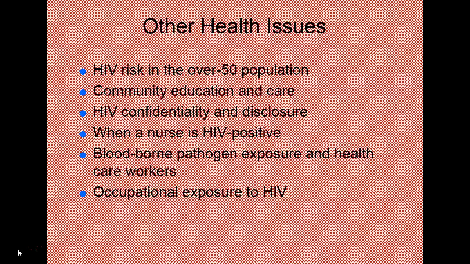With the advent of drugs such as Viagra, that type of thing, we're finding that older people are more sexually active than they had been before, so that again puts them at risk for HIV. Let's see here, community education and care: are the people that are at most risk for HIV getting the education that they need? May not necessarily be occurring.